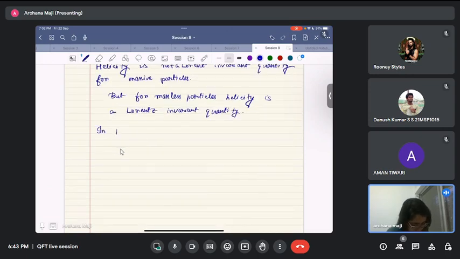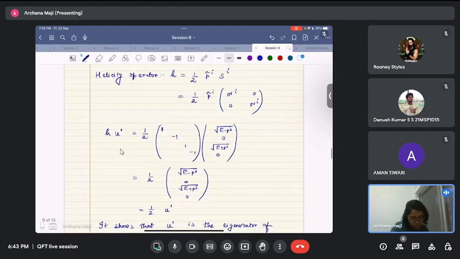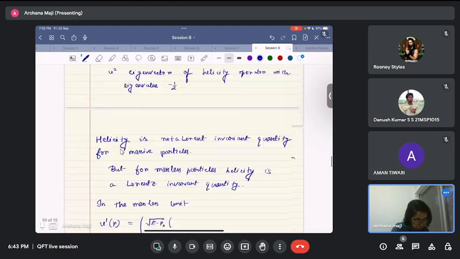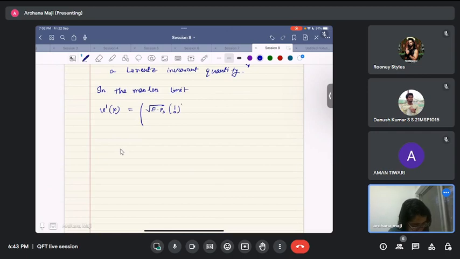So in the massless limit, u1 of p, which was equal to (square root of E minus p3) 1 0, (square root of E plus p3) 1 0, as m tends to 0, what will it become?